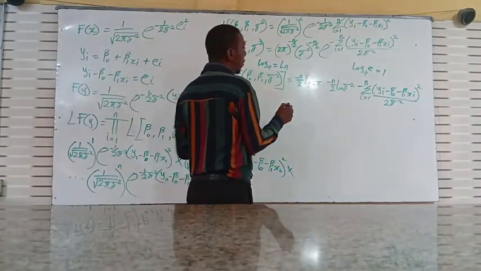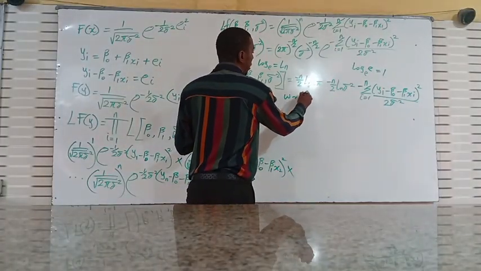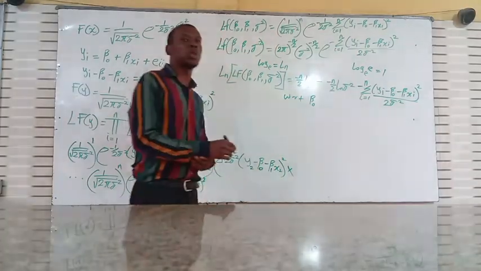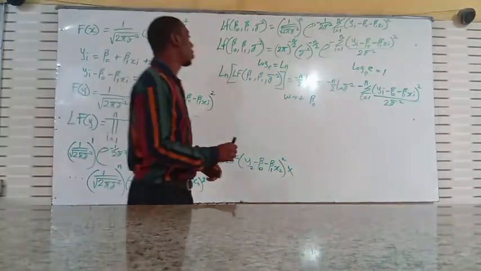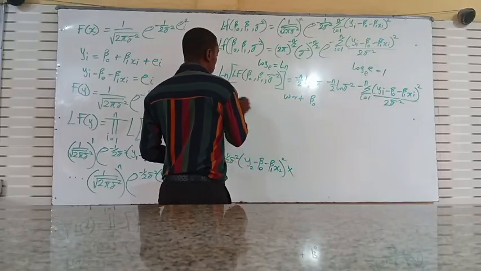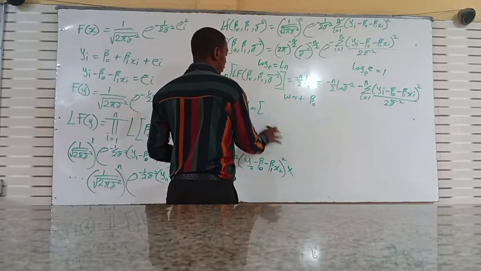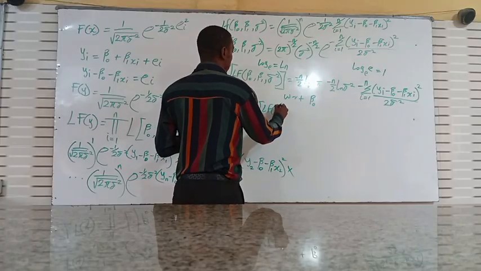Now that we are taking the log of both sides, next is to take the partial derivative. So I'll be taking my partial derivative with respect to b naught. It's going to be the partial derivative of ln of this with respect to b naught.